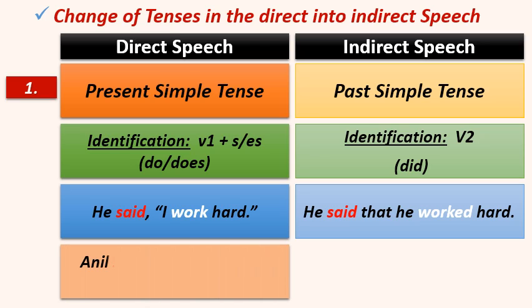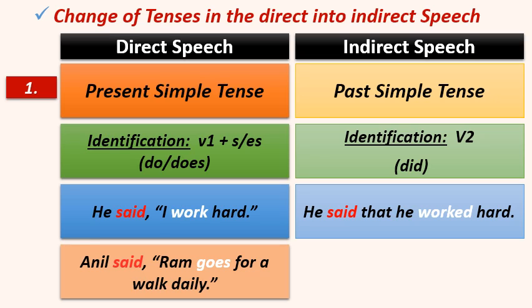Same with another example also. Anil said, comma, inverted commas start, Ram goes for a walk daily, full stop, inverted commas close. As you can see, the reporting verb is in past tense. Said is here, past tense. So the verb in the reported speech, Ram goes for a walk daily, this is reported speech, and what is the verb here?